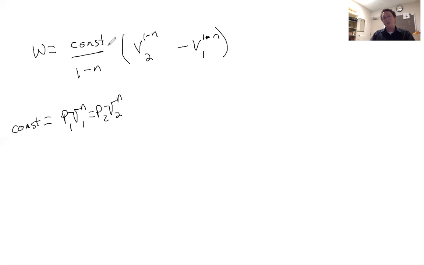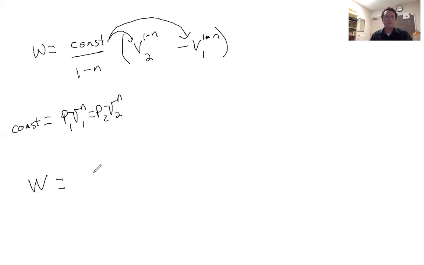So what I can do is distribute this constant inside the parentheses. On the first term, I'm going to write it using 2's, and on the second term, using 1's. Numerically they're the same, but it's more convenient to do it like that.